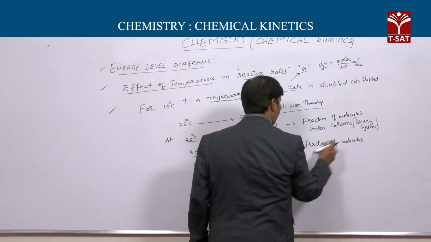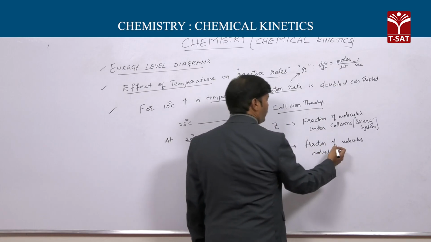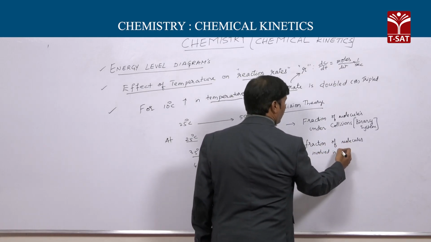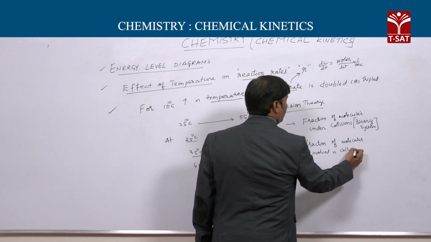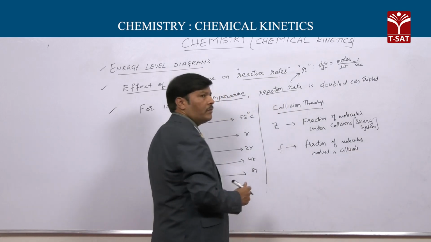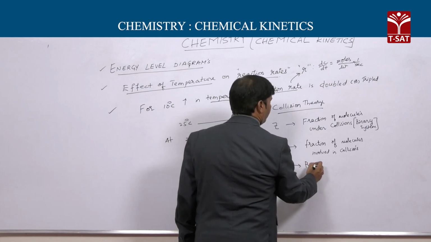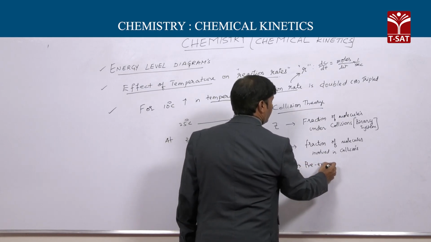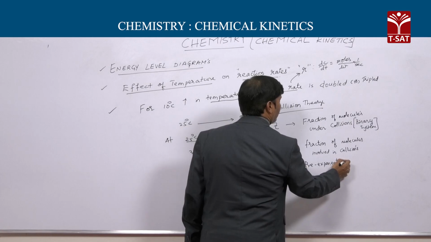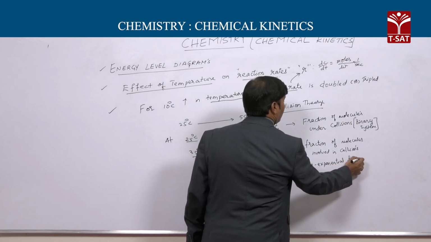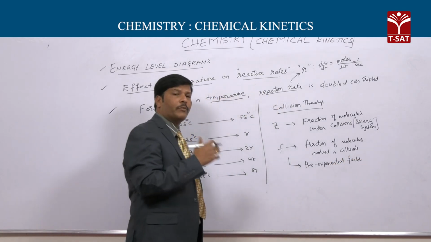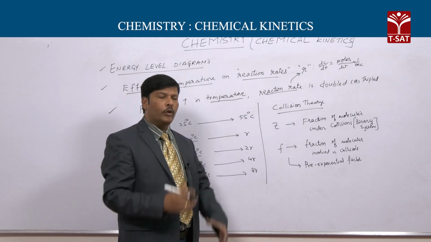This is for the binary system, for the exact fraction of molecules involved in collisions. Sometimes we can also call this fraction of molecules the pre-exponential factor during the collisions.